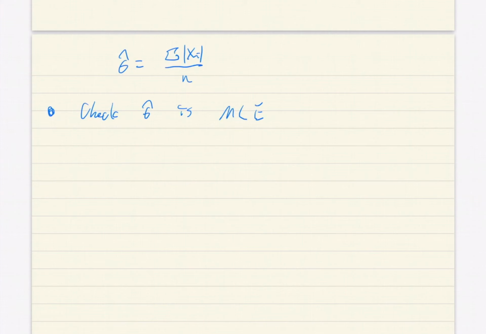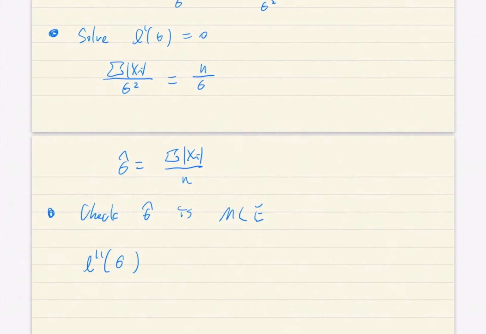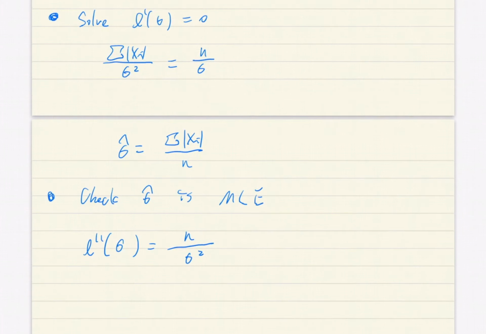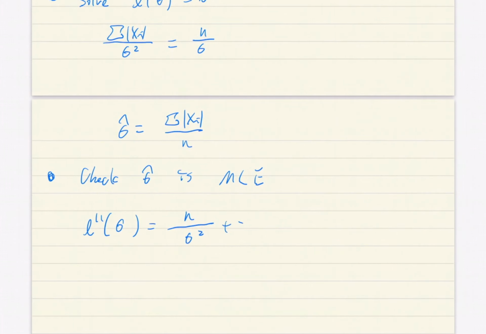Okay. So for this, the only way we can do it is to find the second derivative. So this is equal to n over sigma squared, minus 2 over sigma to the power 3 times the summation of absolute xi.